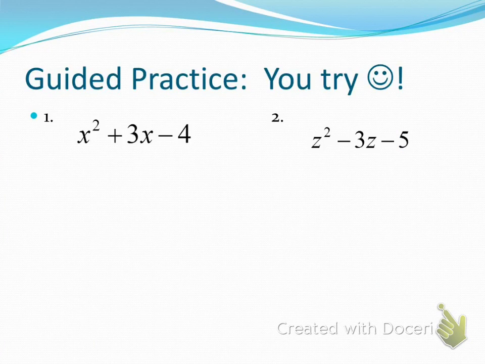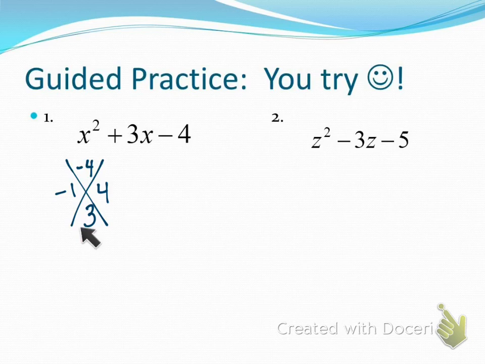Do I have any volunteers to set up my x for me on number 1? Ellie? Negative 4 at the top, 3 at the bottom, and negative 1 on the side, and 4 on the other. Negative 1, positive 4.